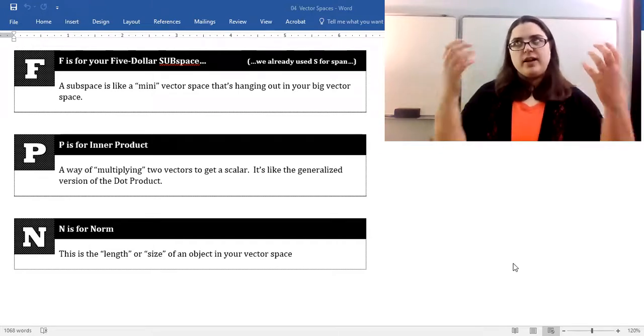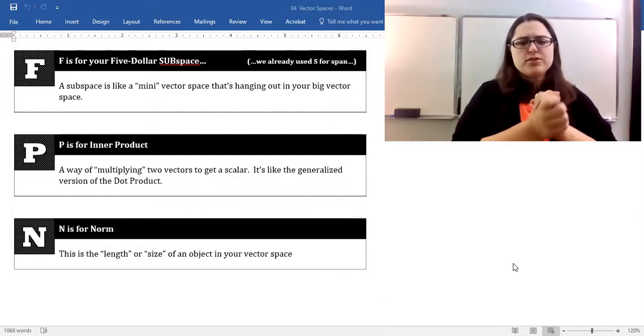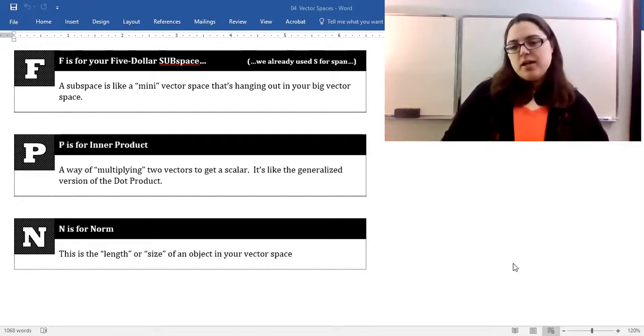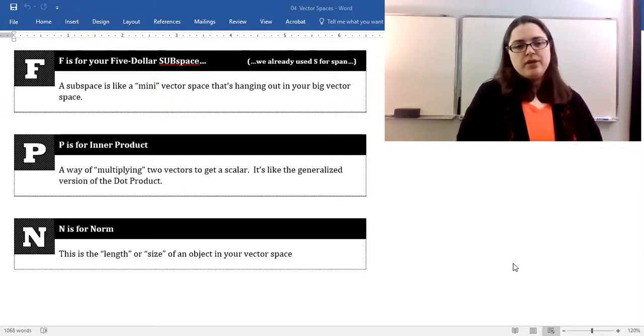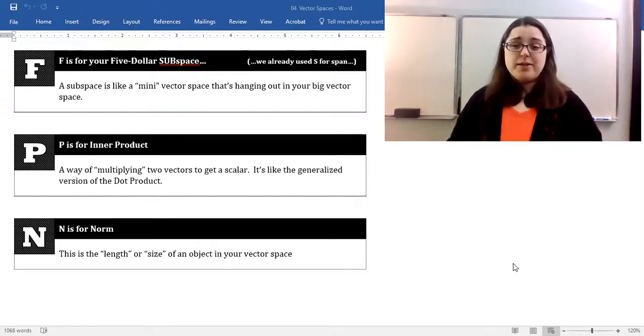I think of it as bringing us down a dimension or so. If you want to think of an inner product, you already know that's the dot product. When you take the dot product of two vectors, you end up with a scalar value. We're going to see what could be an inner product for some of those other kinds of vector spaces that we mentioned.